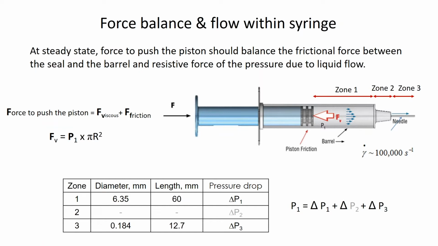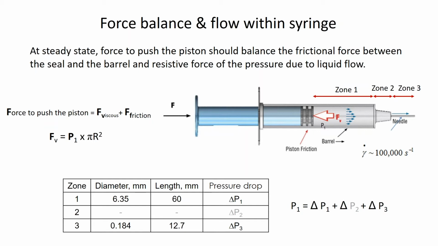And so now we're going to go over how we show that the dominant resistance due to the viscous force really comes from the flow in the needle, mainly due to the dimensions of the needle.